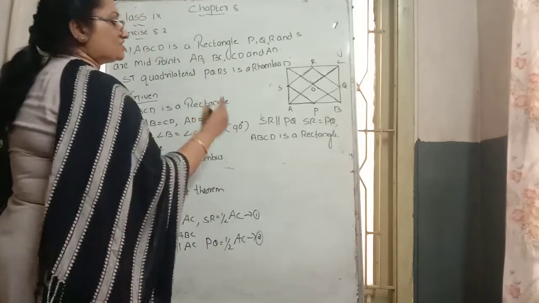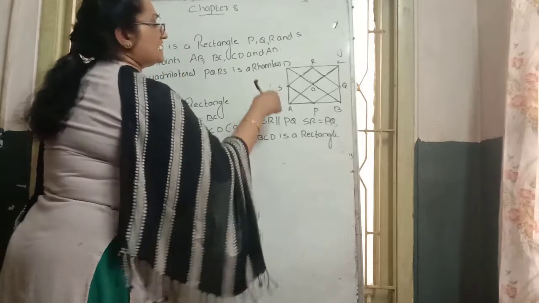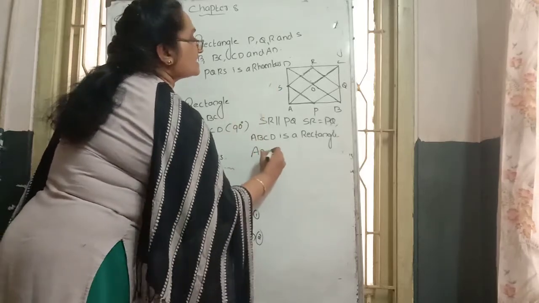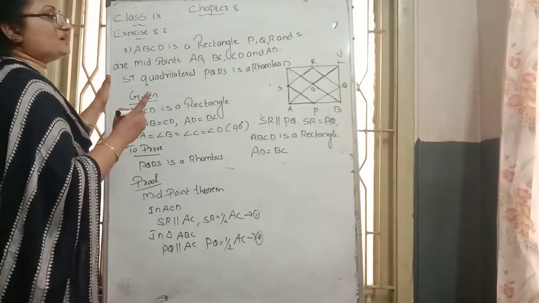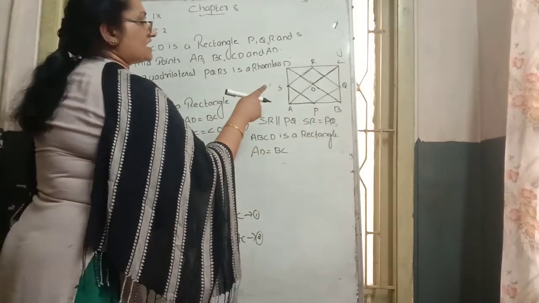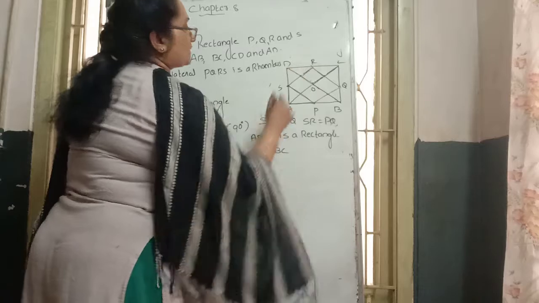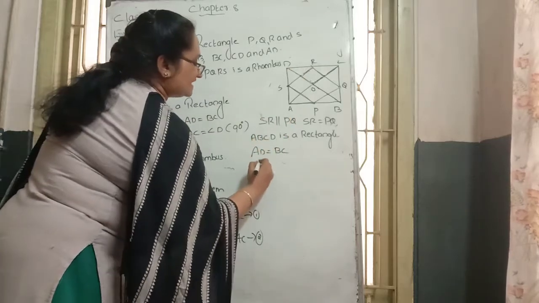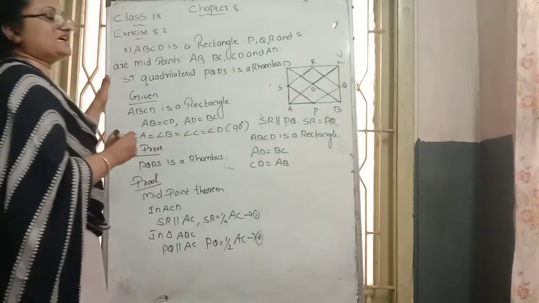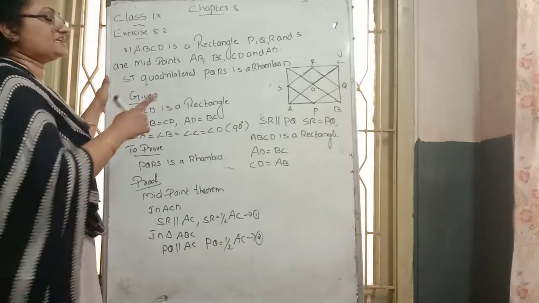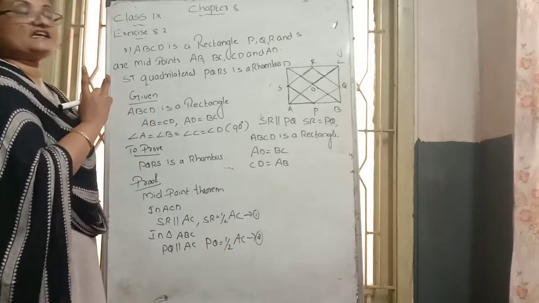AD is equal to BC, and the second pair of opposite sides, CD is equal to AB.